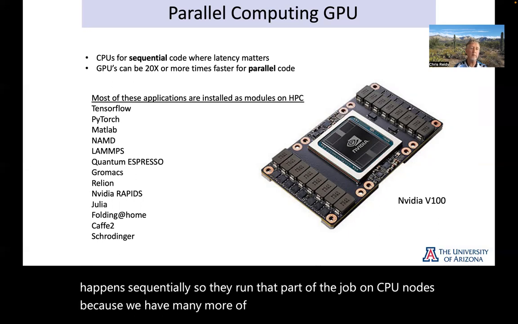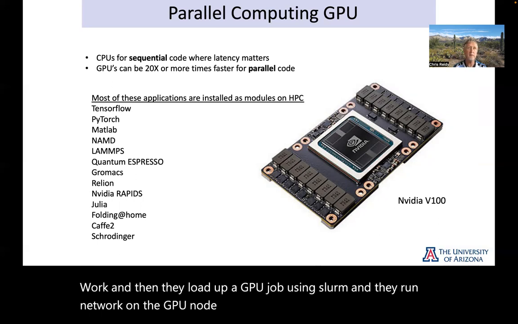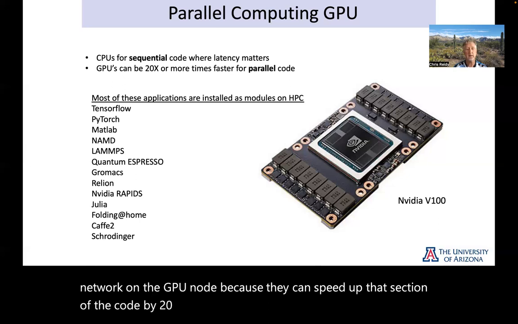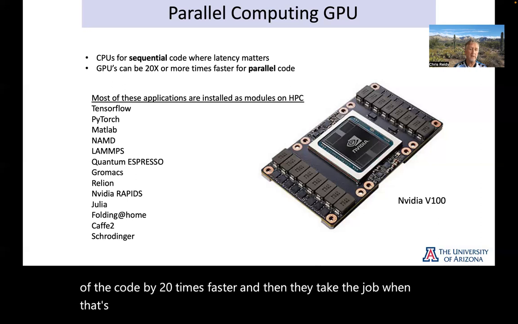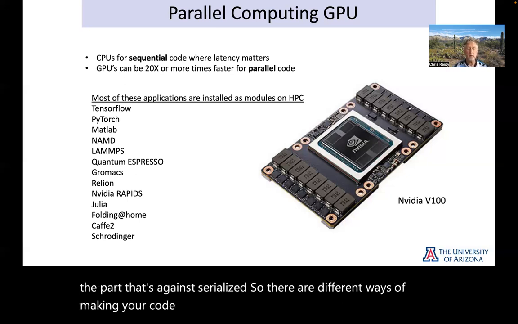Then they take the output and load up a GPU job using Slurm, and they run that work on the GPU node because they can speed up that section of the code by 20 times. When that's complete, it starts another job, which again runs on CPUs for the part that's serialized. So there are different ways of making your code really efficient, especially when you're doing it at scale.